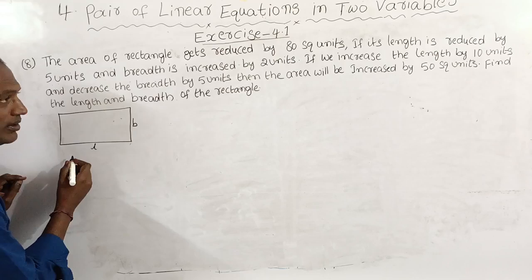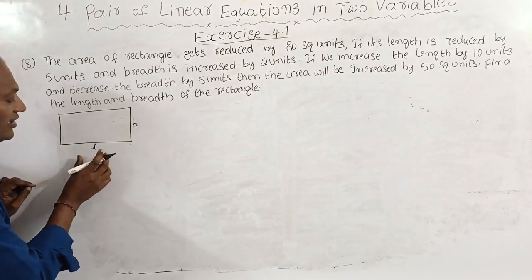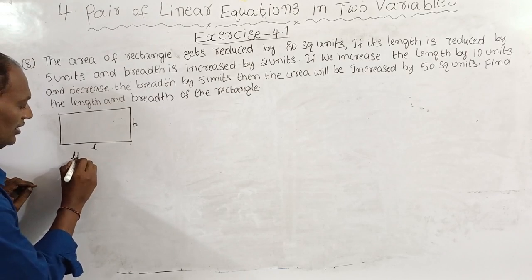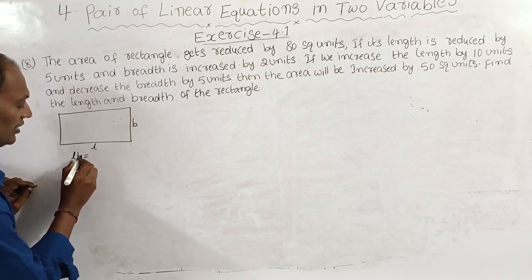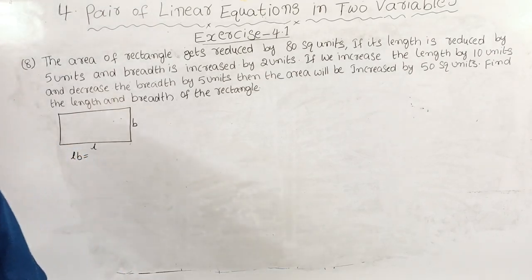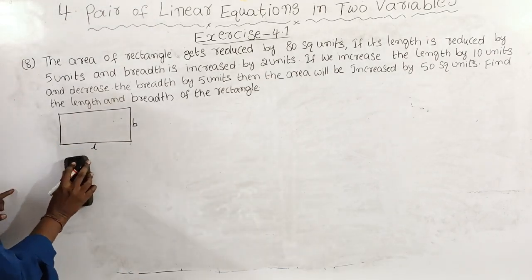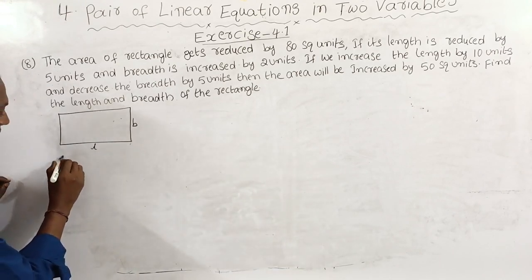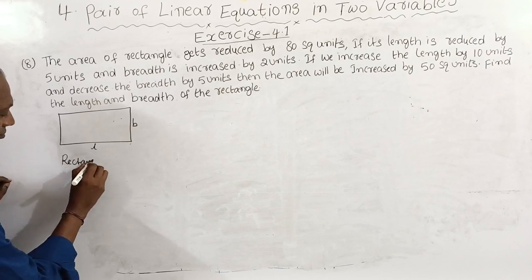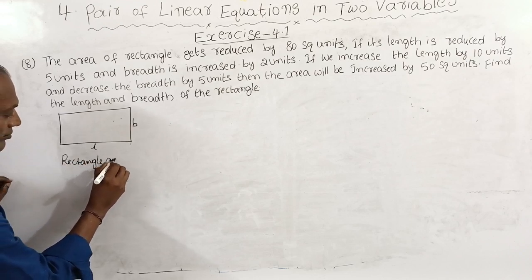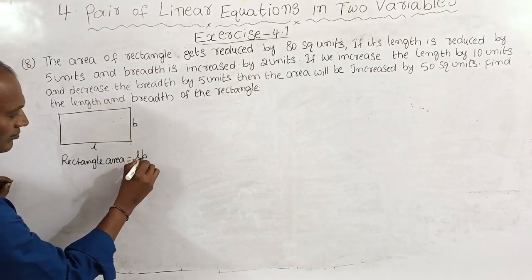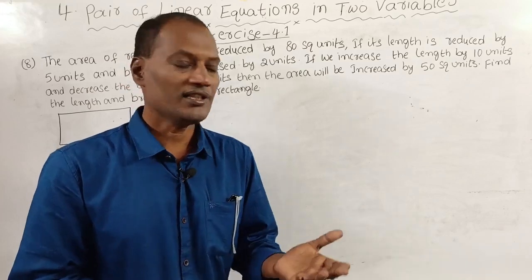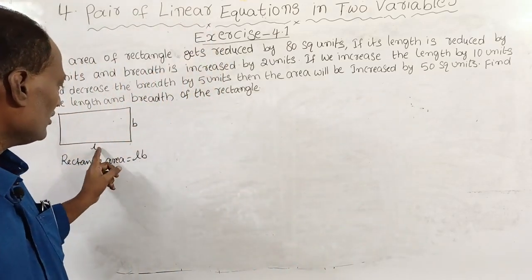What is the formula of the area of a rectangle? The area formula is LB, L into B, length into breadth.